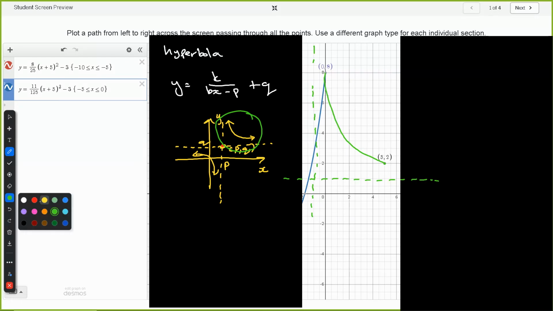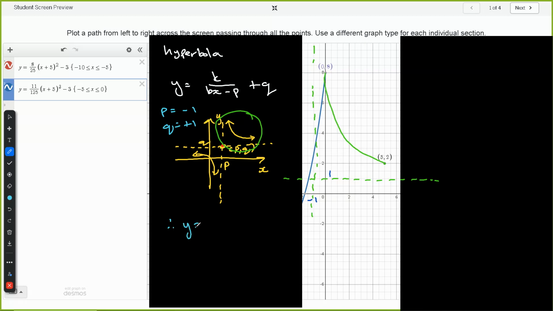And I'm going to choose for myself -1 and +1. So I'm going to let p equal -1 and q equal +1 as my asymptotes.